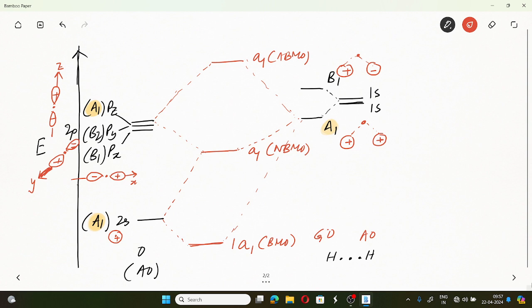Now, if you want to draw the shapes of these orbitals, which is of course beyond the scope of the syllabus, but if you want to draw the shapes of these molecular orbitals, see this, first of all, let it be 1, let it be maybe 3, and say this is maybe 5.